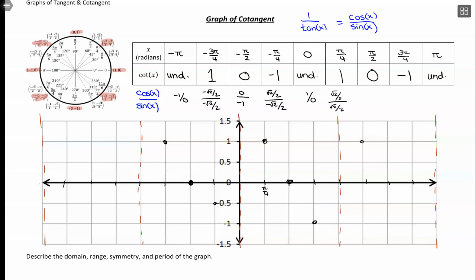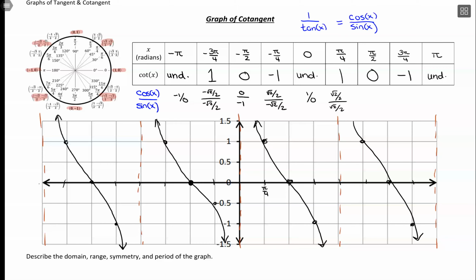So if you think in comparison to our tangent function, this one's decreasing. So it's going in a negative direction. But the shape, and again, it's kind of hard, kind of zoomed in like this, but the shape is just like tangent. It's just going in a different direction in different locations.